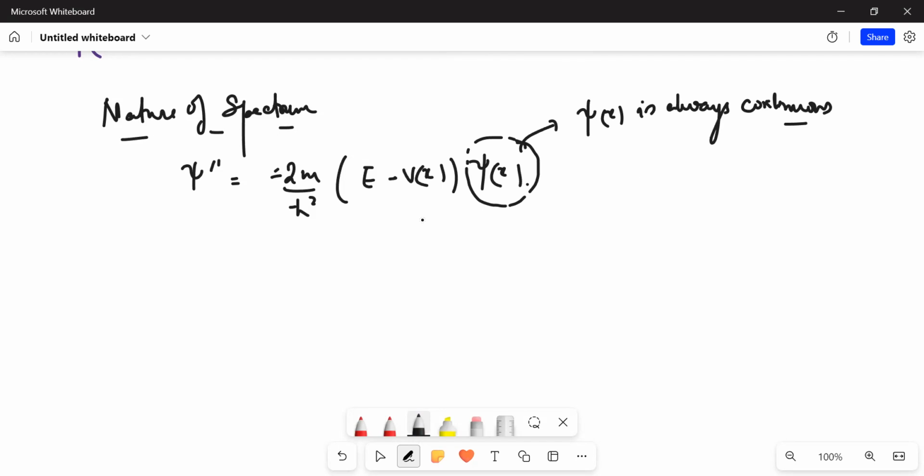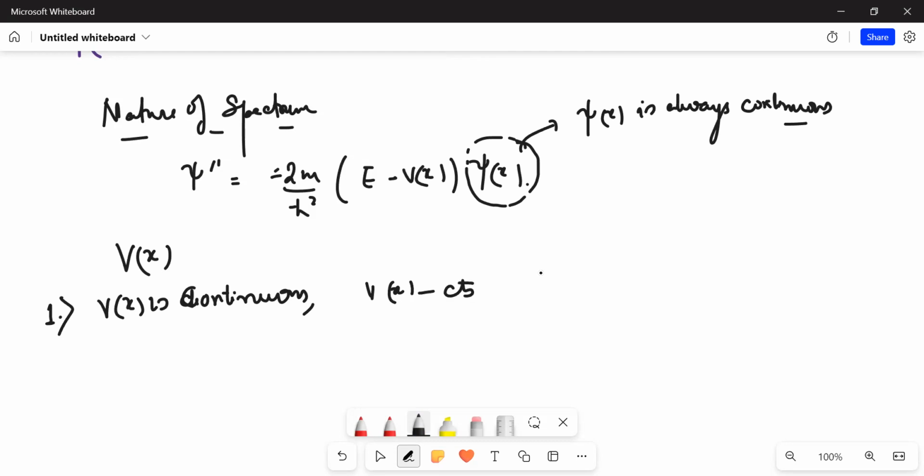Now there can be three possibilities regarding the potential. Possibility number one, that V(x) is continuous. So let us say we are discussing a case where V(x) is simply continuous. If V(x) is a continuous function and psi(x) is a continuous function, this product will be continuous.